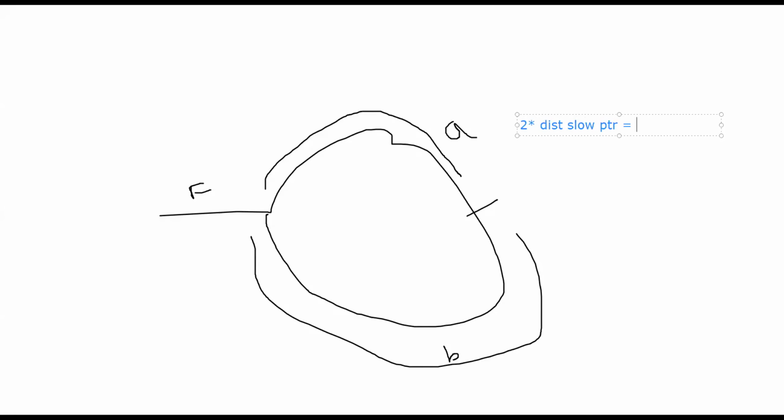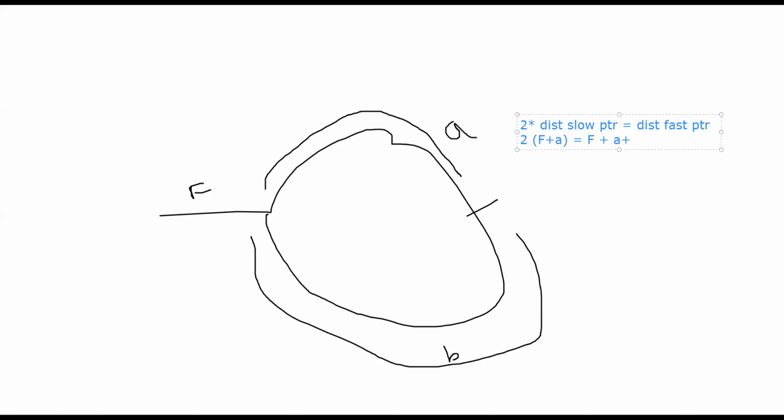The distance traveled by the slow pointer will be F plus A, and the distance traveled by the fast pointer will be F plus A plus B.